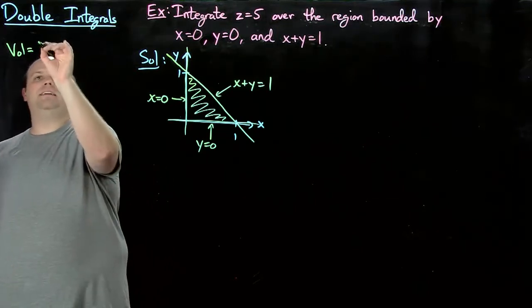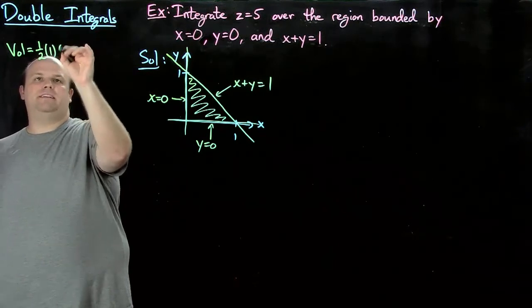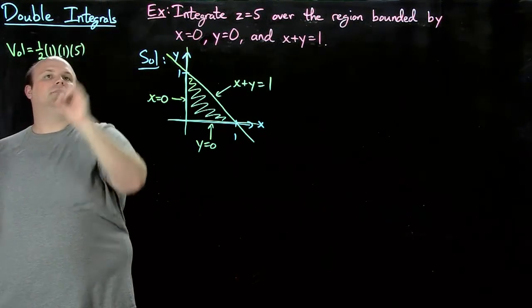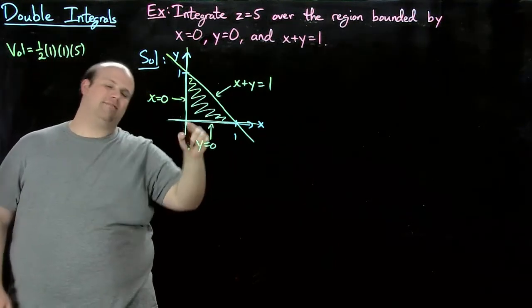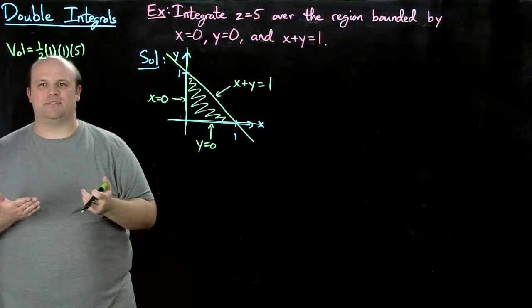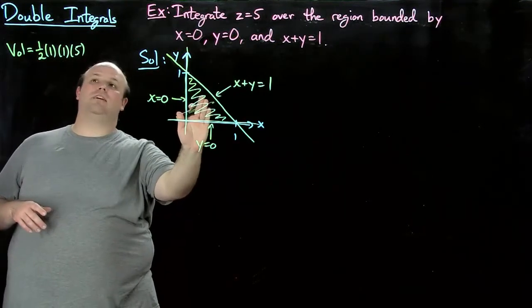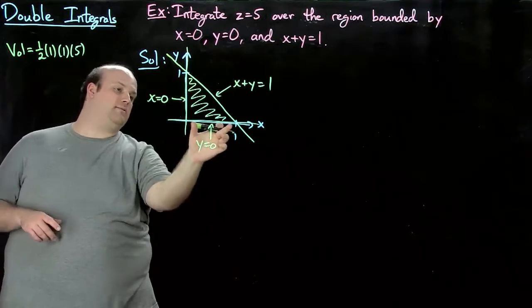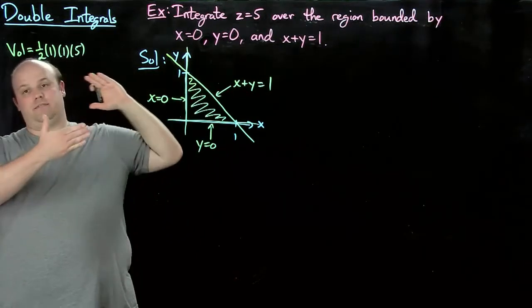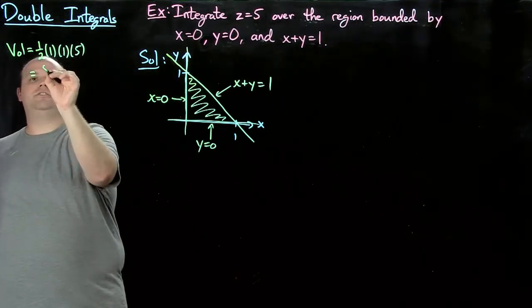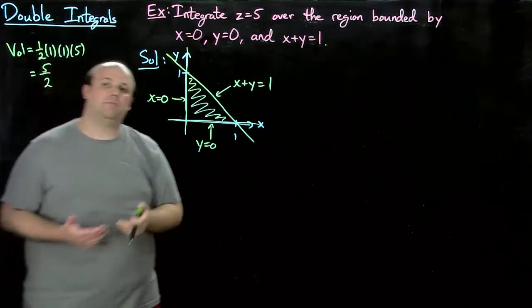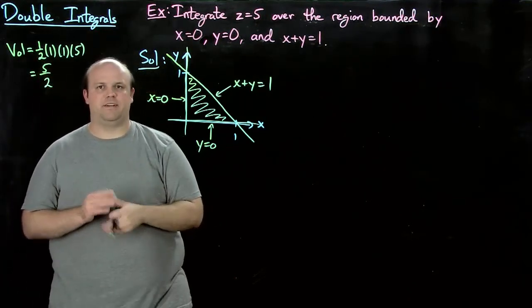The area of the base is 1/2 base times height, so the area of the triangle is 1/2 times 1 times 1, then times the height of the prism. So we should just get 5/2. We can see that from basic geometry.